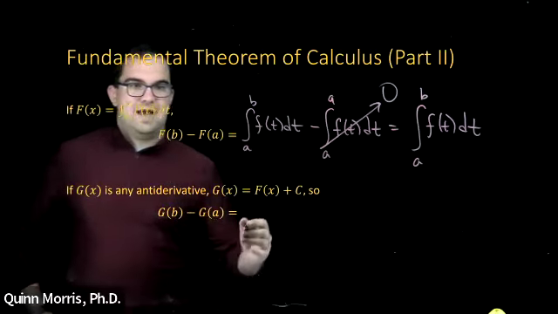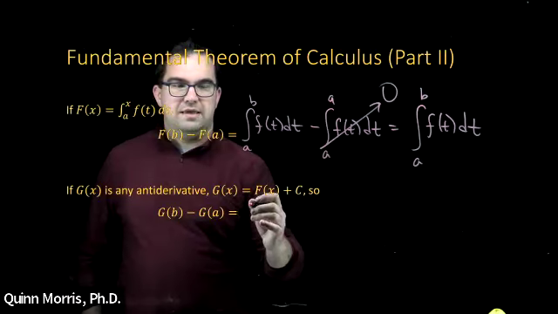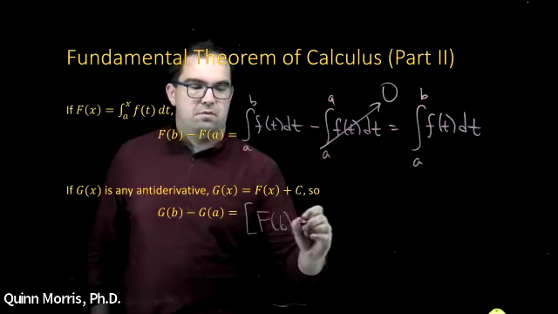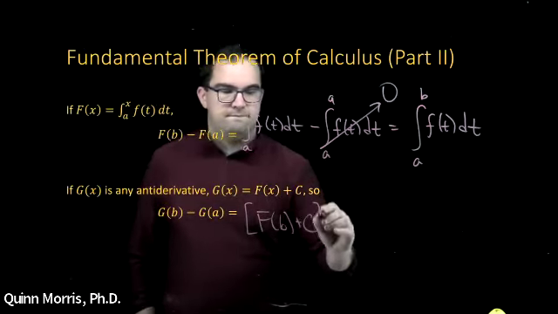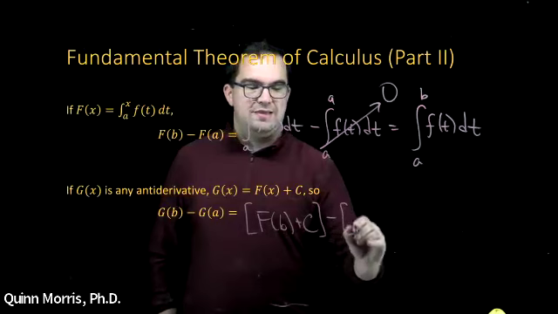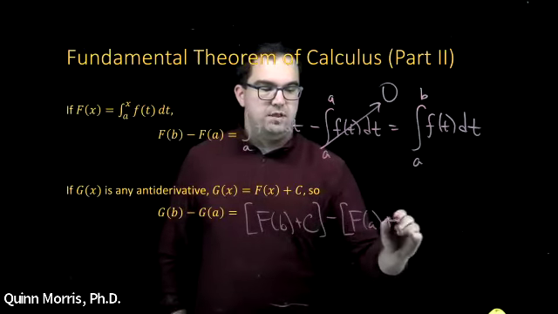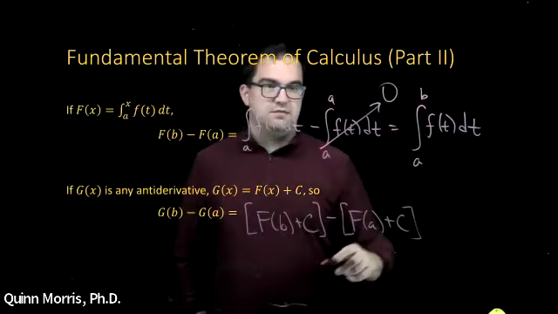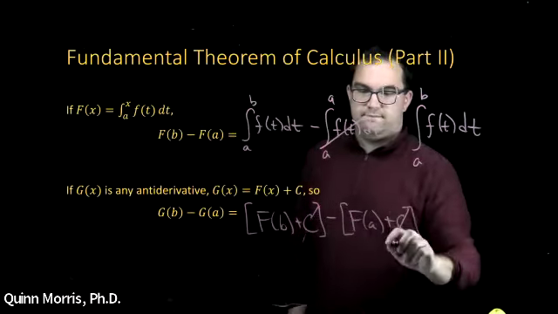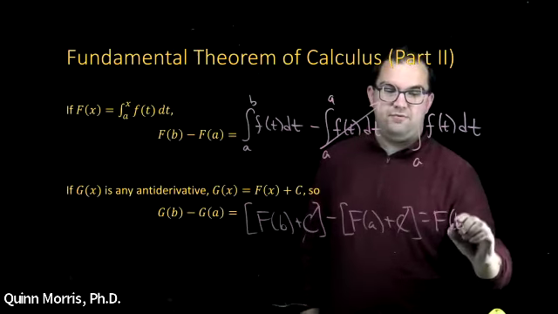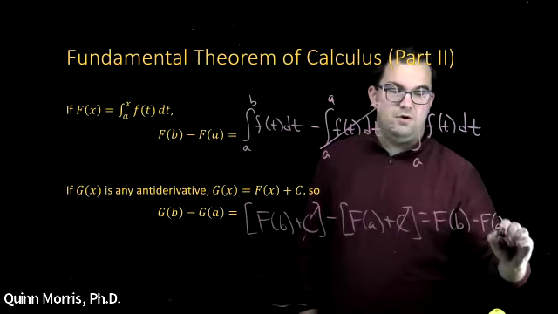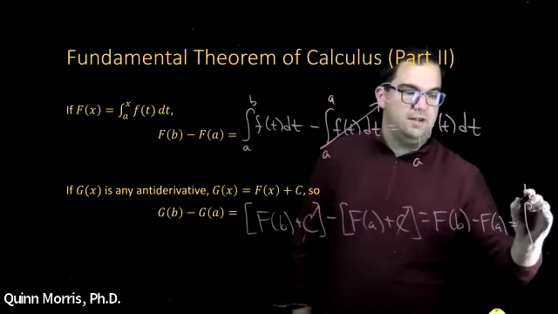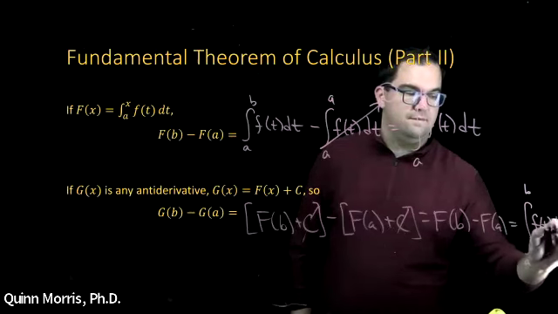So in that case, G of b is just going to be F of b plus some constant, minus G of a, which is F of a plus some constant. And now constant minus constant, those are going to cancel. And so I'm just going to be left with capital F of b minus capital F of a, which we've already shown up here is just equal to the integral from a to b of little f of t dt.